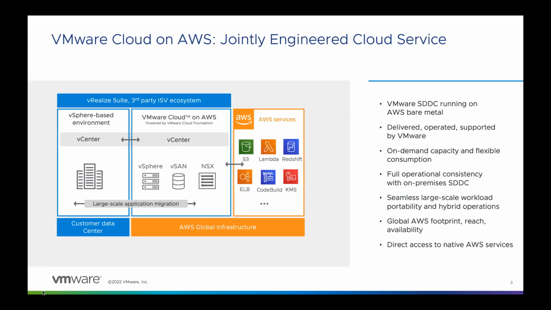Just to give you a real world example, if that didn't make sense, let's say the customer wants to run a WordPress website. They can spin up these bare metal instances in AWS, have vSphere, vSAN, and NSX running on top of it. They can have the WordPress website as a virtual machine, and that can be backed by an AWS RDS database.